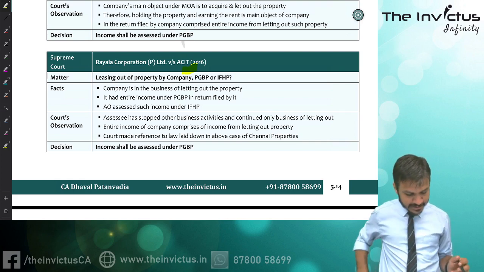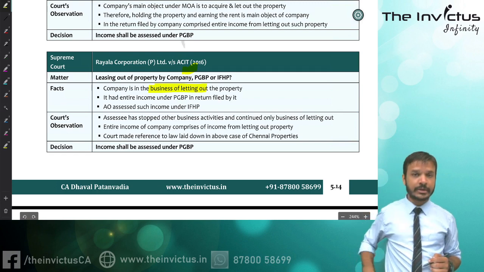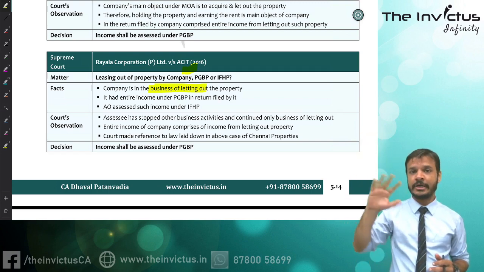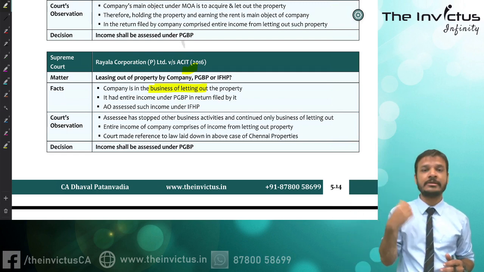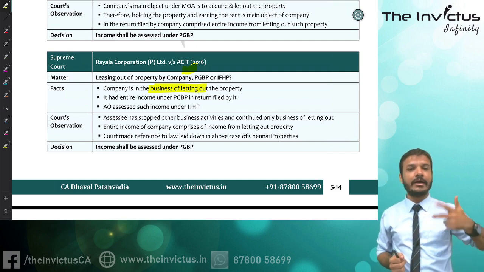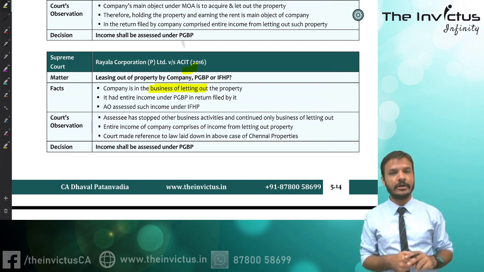So, summary, what it says: the company is in the business of letting out. As I've said, if I want to say that my income will be considered as business income, my main object is a business, then I need to prove two things: my object, and substantial income generating, that is rental income, right?